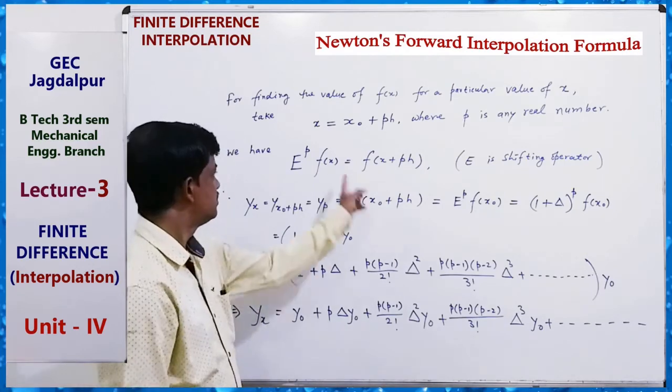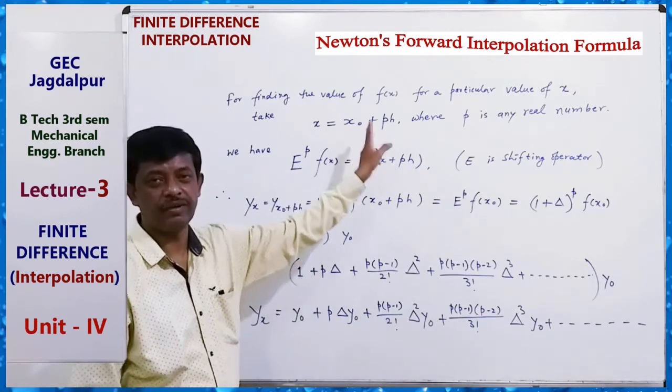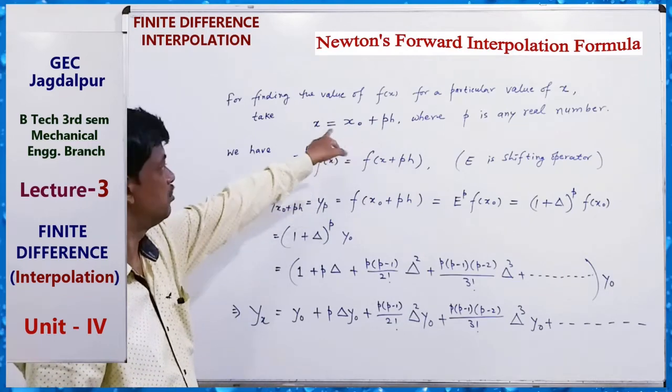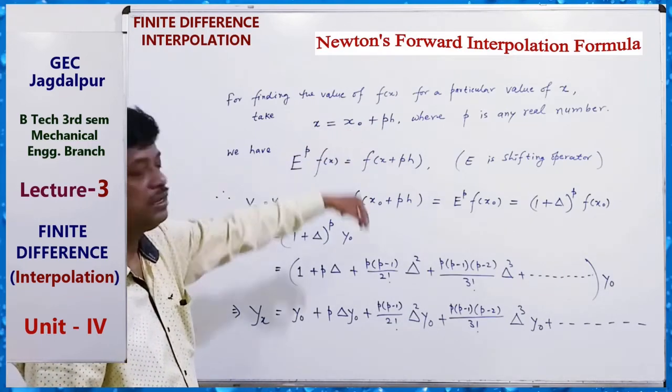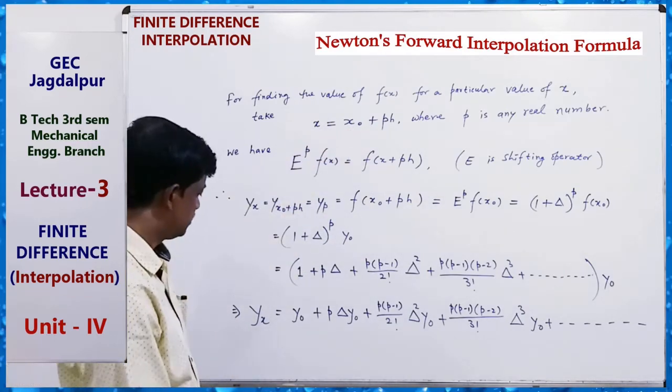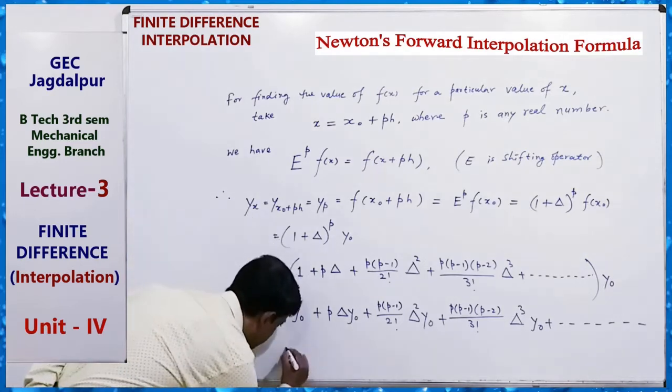Clear? But this is the main notation. We can find from here p equals (x minus x0) by h.